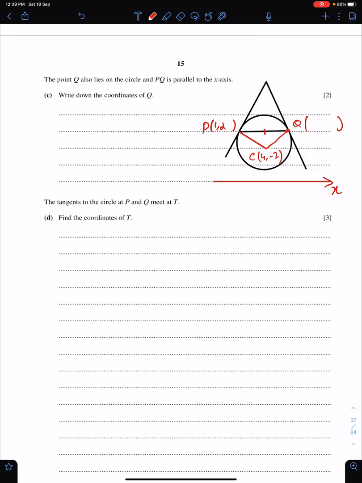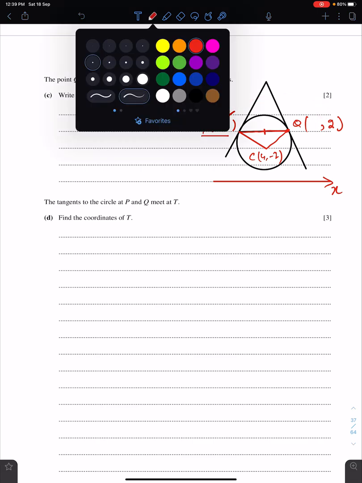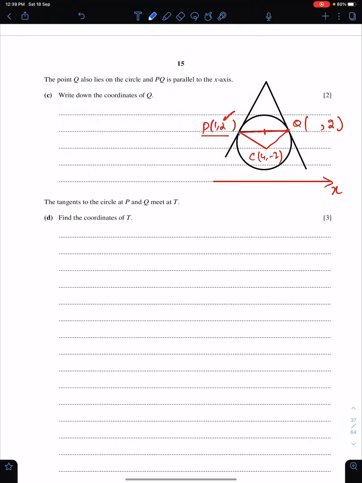Since this point has y coordinate 2, the y coordinate of Q must be 2, because on a horizontal line the y coordinate remains unchanged. Now how to get the x coordinate? This is so simple. You just need to check this here.